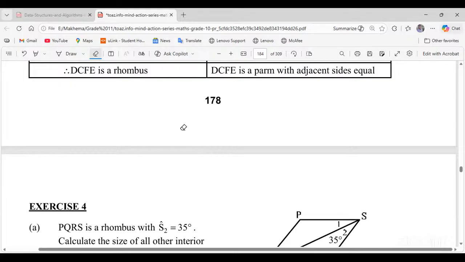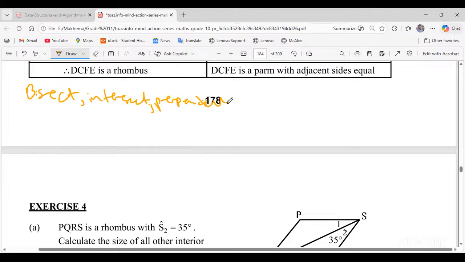And then what else can I emphasize? This is the terminology: bisect, intersect, and perpendicular, which is denoted as something like this.